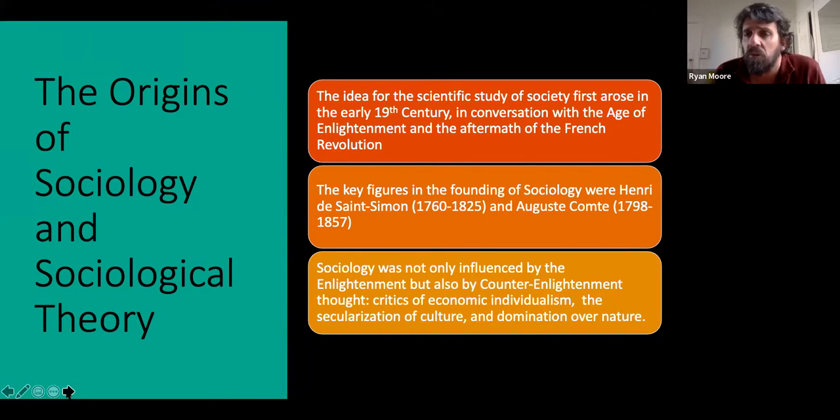And this is especially true with Comte, as we will see. Comte didn't just swallow the Enlightenment whole and spit it back out in the form of sociology. Comte was also influenced by what we can call a counter-Enlightenment of people who were critics of the Enlightenment, in particular because they were also critics of the French Revolution.